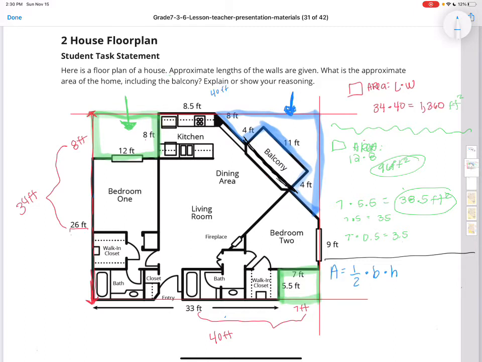What I can do is subtract from 40 the lengths that are given to me, 12 and 8.5, which would be 20.5. I apologize about that. The reason I'm subtracting these two pieces that are given is because I want to find the measurement of this line right here, the base of this triangle.